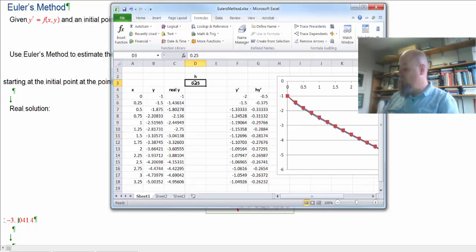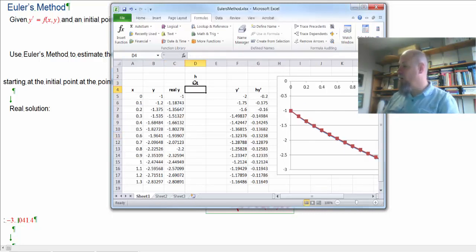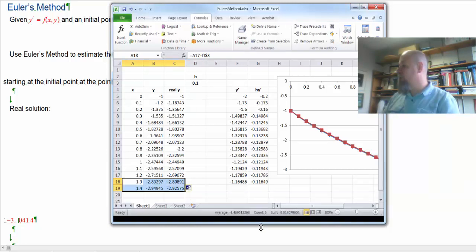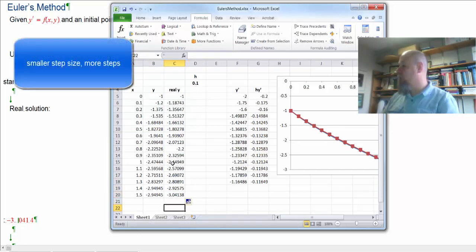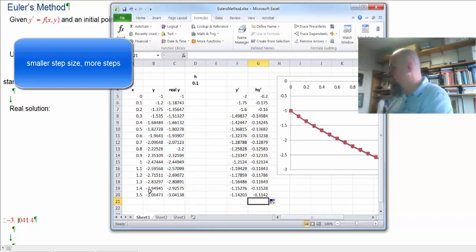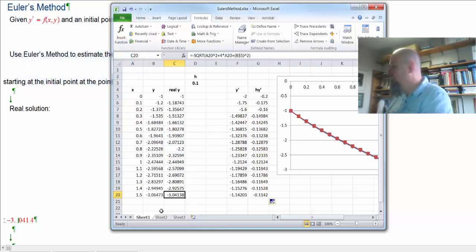Let's take an even smaller step. If I take 0.1 of a step, oh, then I don't actually get there. So pretty close.